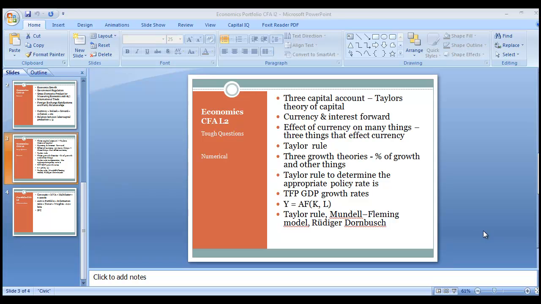Here we define the growth rate by the TFP growth rate, and whatever we get we add to the labor force growth rate. So we have the TFP growth and the labor cost as a proportion of total factor cost, these two terms with us. So these are the two numericals. I don't see any numericals other than that in the Schweser book or in the curriculum, so you might get these two.